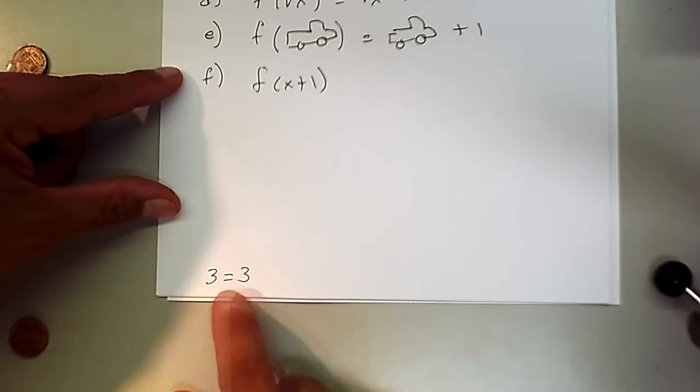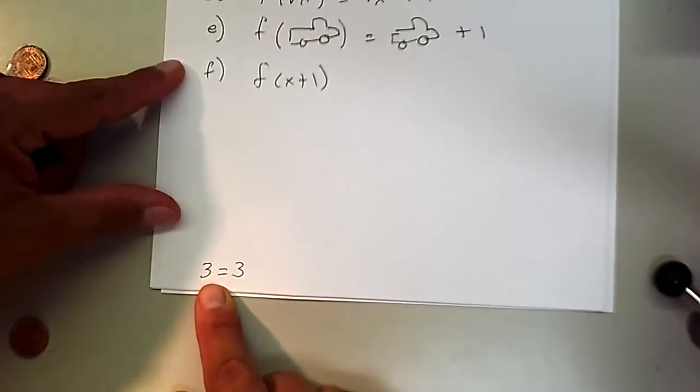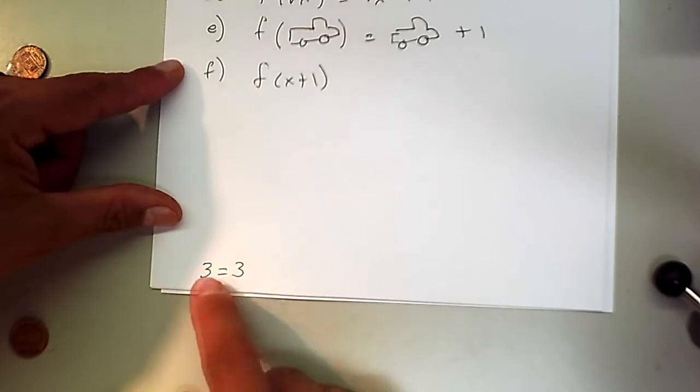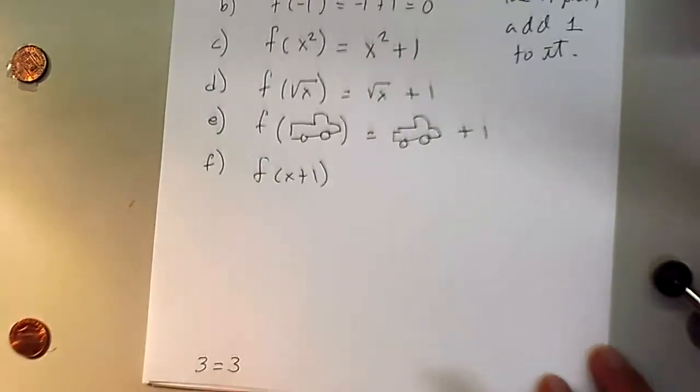We write that all the time. 3 equals 3. But think about this in everyday language. If I say I am myself or I look like myself, that's kind of weird to say that. But in math, we compare things to themselves all the time. That is a common thing to do in mathematics.